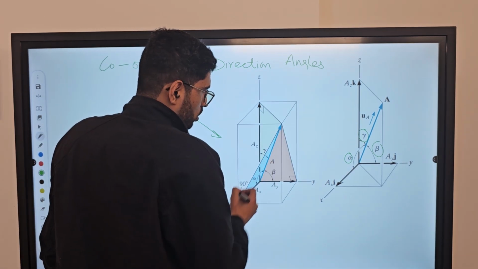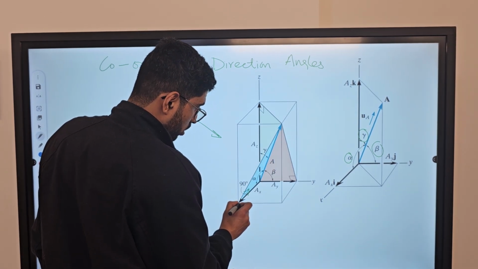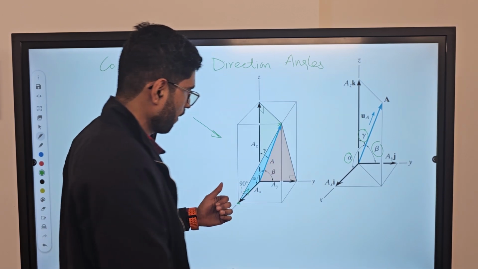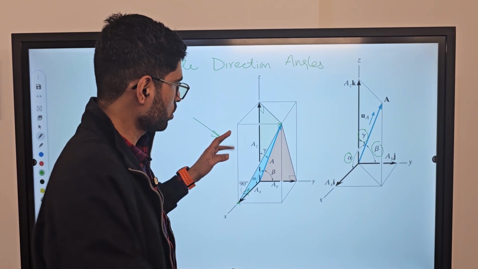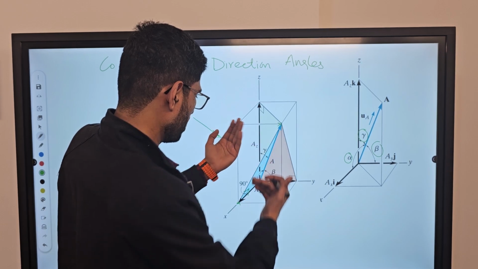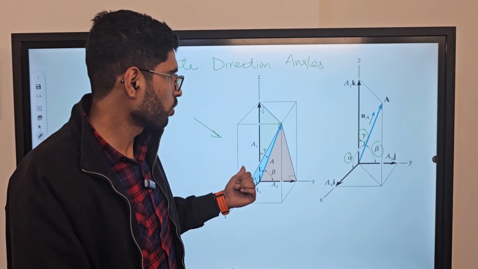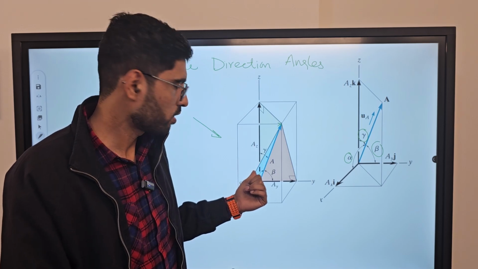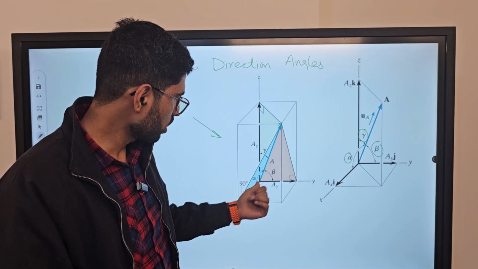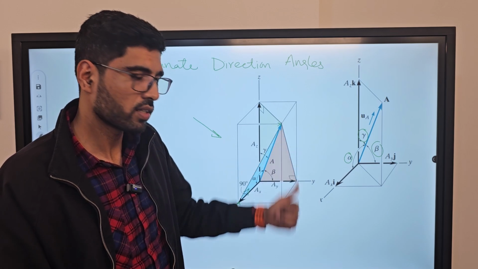The line joining this corner with this corner, the diagonal of the face facing towards us, is the perpendicular, or the opposite side of the right angle triangle. AX is the adjacent side, and this A vector will be the hypotenuse.